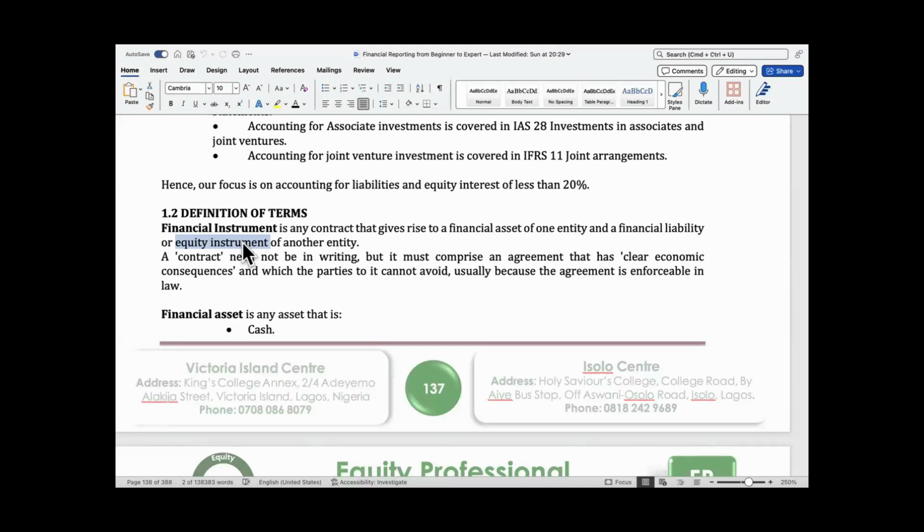And I spent a lot of time on this. I gave you several scenarios around financial liability and equity, understanding when he issues an instrument, what is that instrument? Is it a financial liability or is it an equity? And I also gave you an assignment, which some of you did.